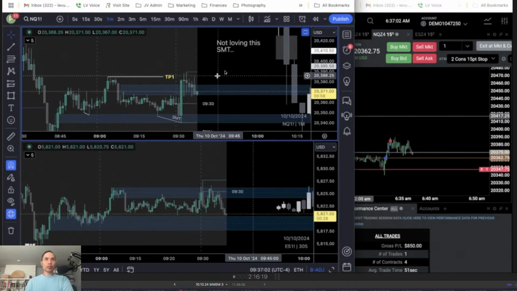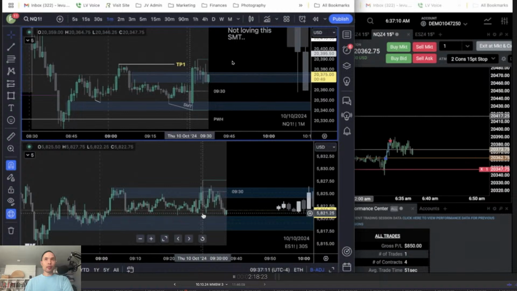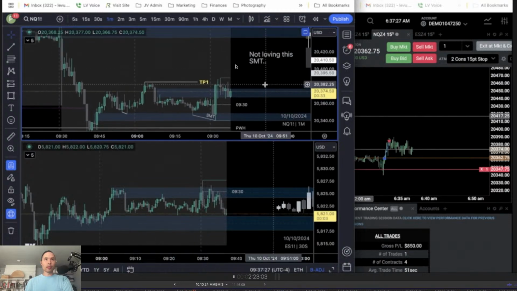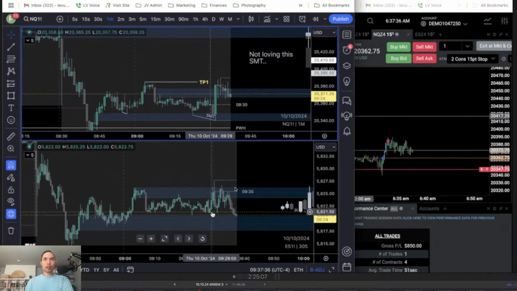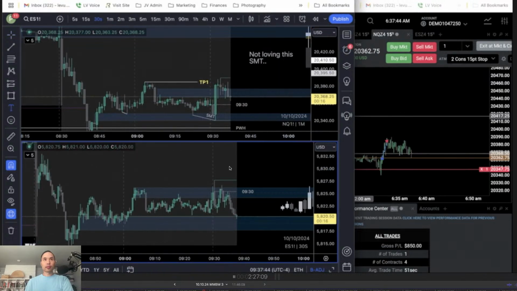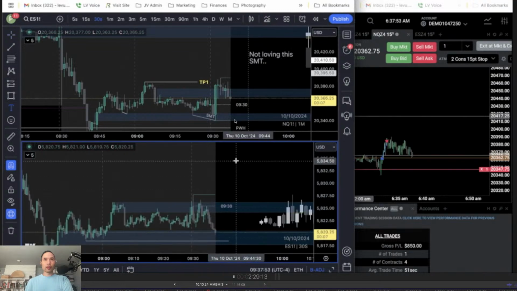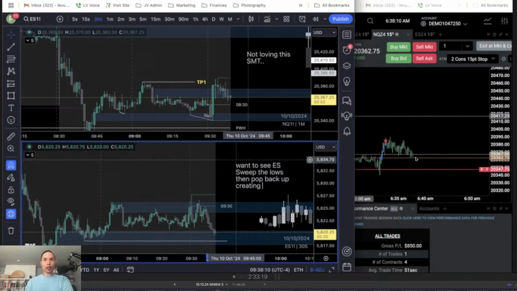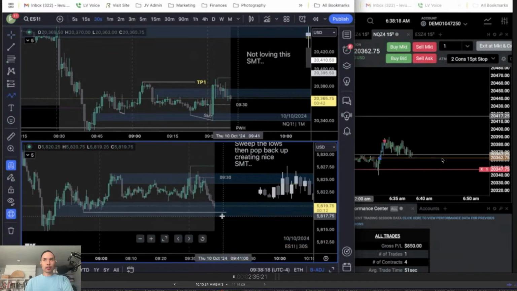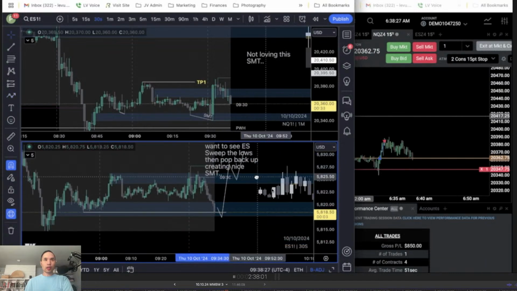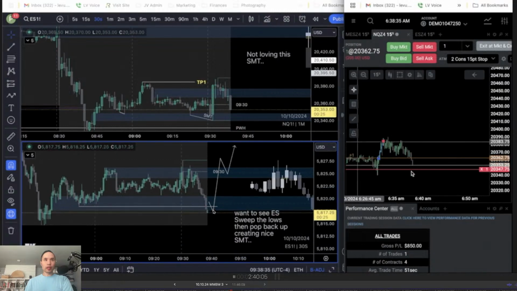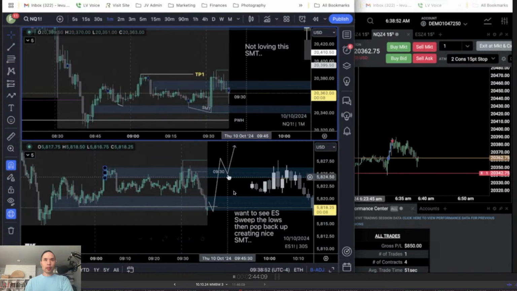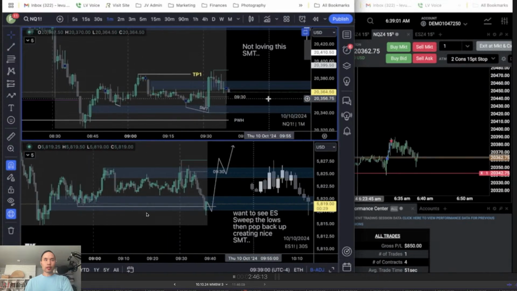I'm not liking that SMT, and that SMT brings us down a little bit lower. Plus, it's not really the right time, and we're at what time are we at? It wasn't 9:45 yet, so it's edging my entry at 23.62, and then I'm predicting that ES wants to sweep these lows and go back up, creating the SMT.